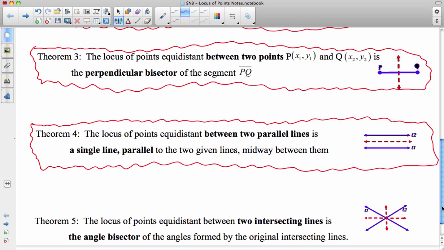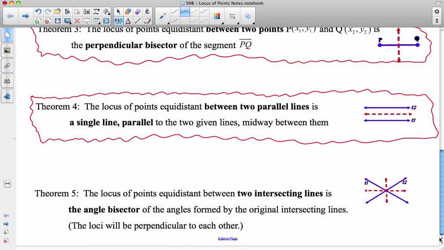And then theorem number 5 says the locus of points equidistant between 2 intersecting lines is the angle bisector of the angles formed by the original intersecting lines. And here's a note on this one also, that those loci will be perpendicular to each other.